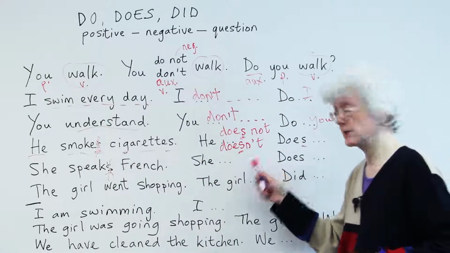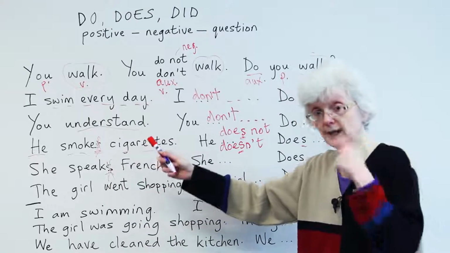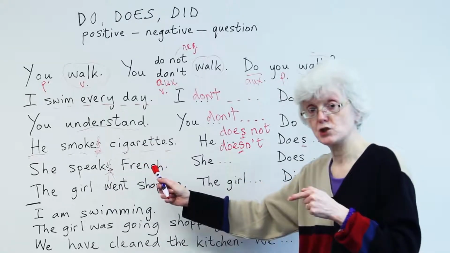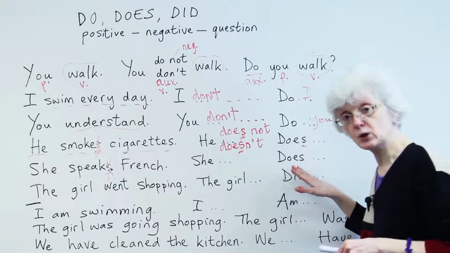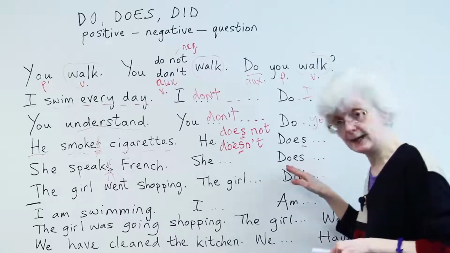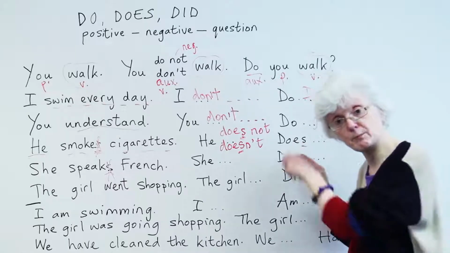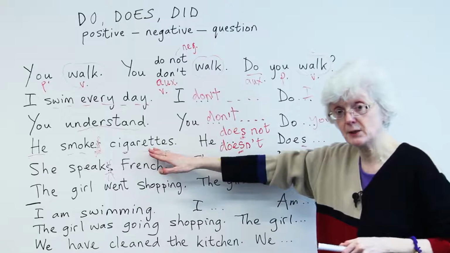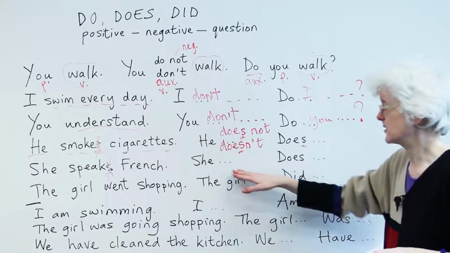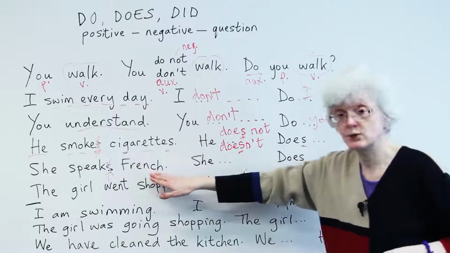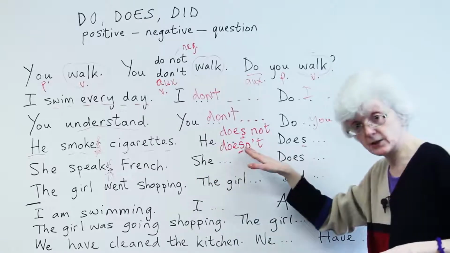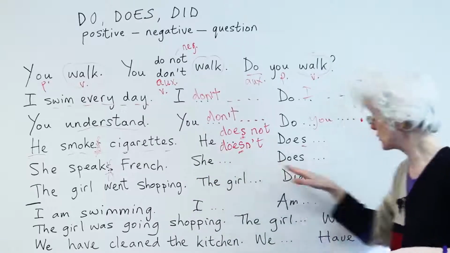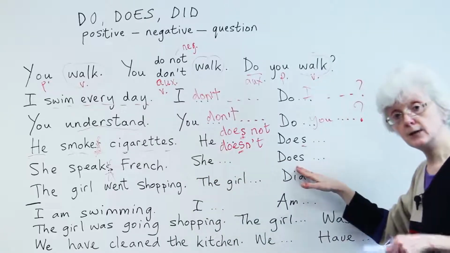She doesn't speak, without an S, French. So let's have a look at what happens with the question then, and it's going to be very similar to what happened with the previous line. So we've had she speaks French, she doesn't speak French, and now does.